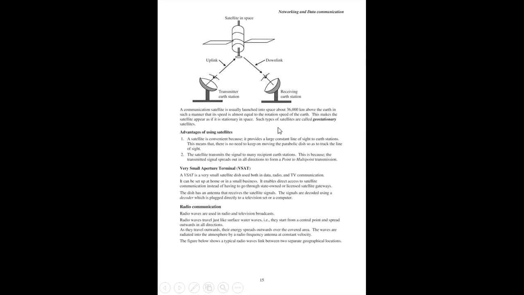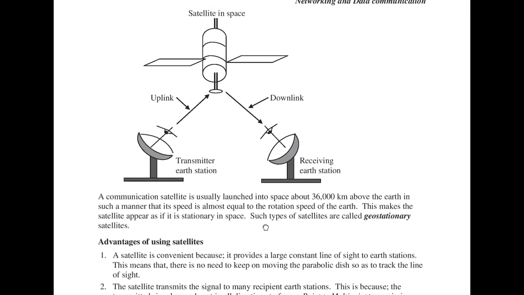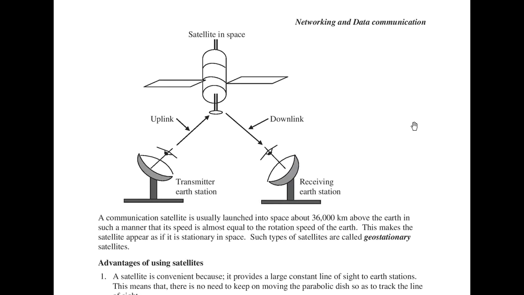This is a very nice demonstration of how a satellite works. You can see we have the transmitter earth station and the receiving earth station, but we have the satellite in space. The transmitter earth station has an uplink, that is, it transmits towards the satellite in space.